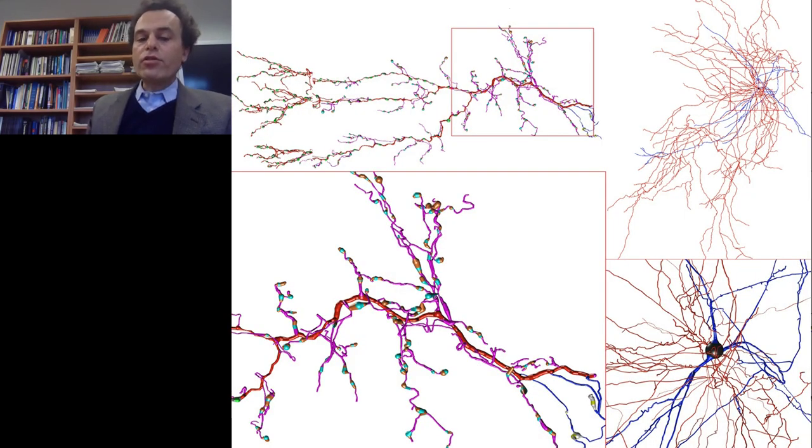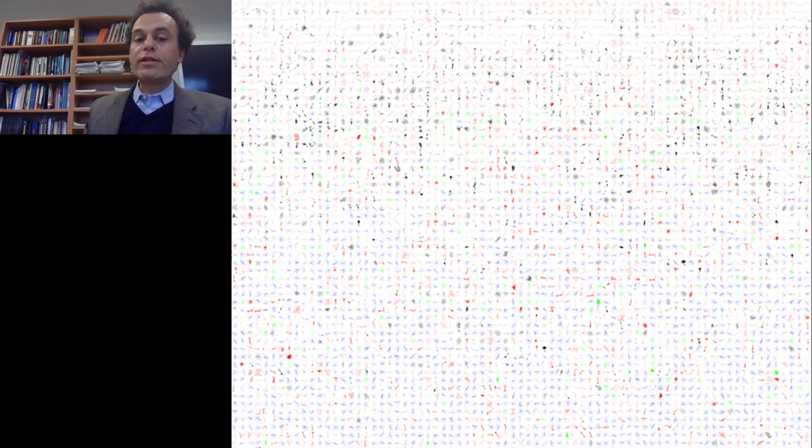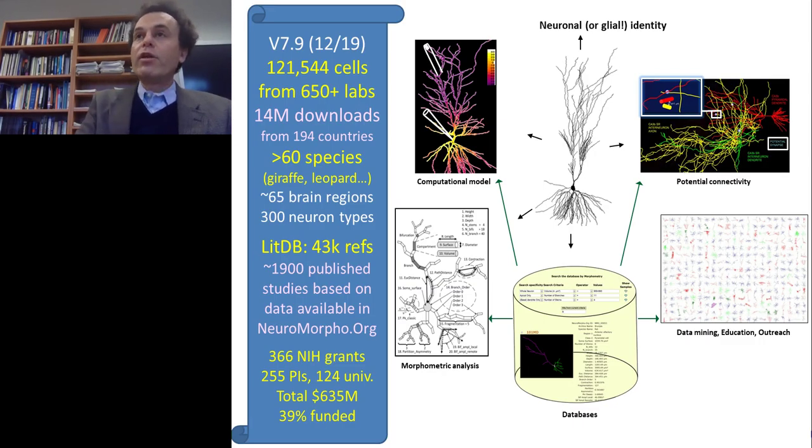These reconstructions have quite a bit of detail in their branching structure, but the more impressive feature of the database is, in fact, its growing size that truly allows for integrative studies that would not be possible in individual labs. In the latest version, released last September, there are about 120,000 neurons from 650 labs. 40 million tracings have been downloaded from pretty much all countries listed in the United Nations.